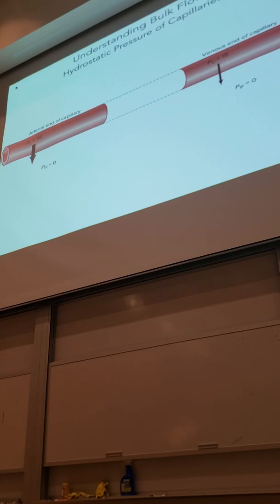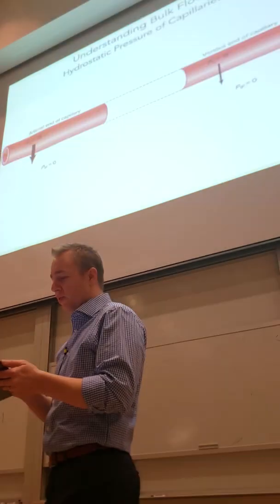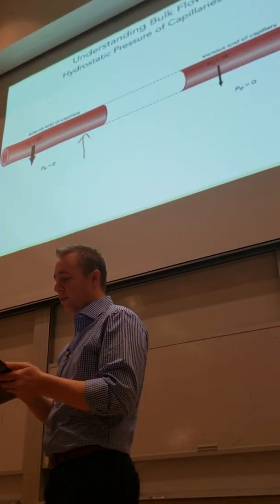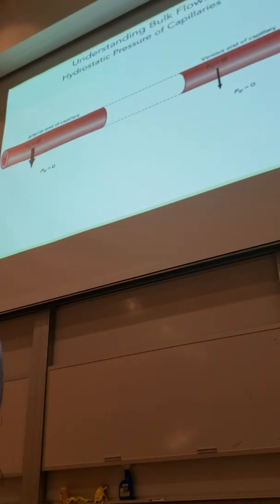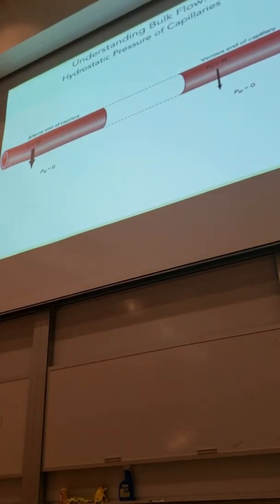What is the pressure of the interstitial fluid, IF? 0. What does this mean? If this were positive, we could sort of illustrate this as pushing into the blood, right? How could you make an interstitial fluid positive?